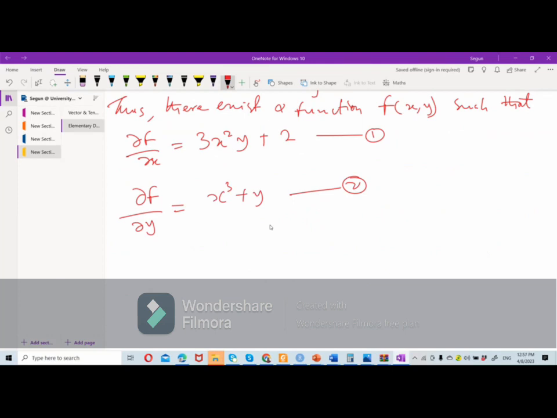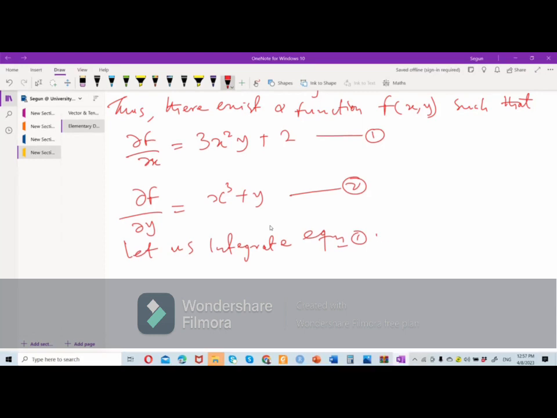So for us to solve this, let us integrate equation 1 now, with respect to x.